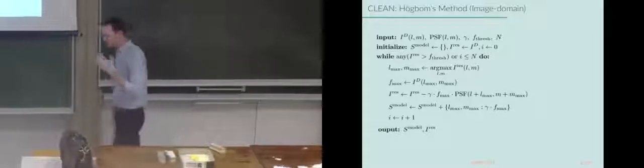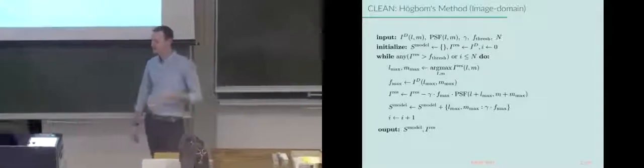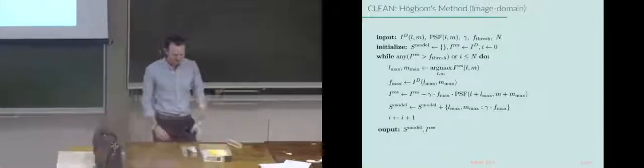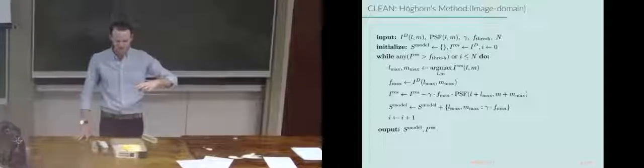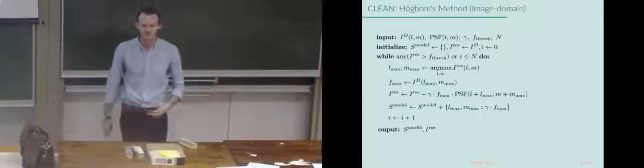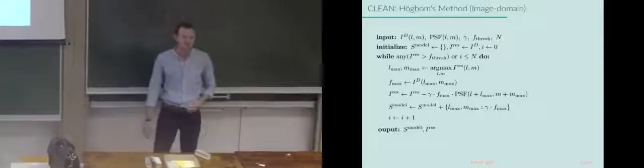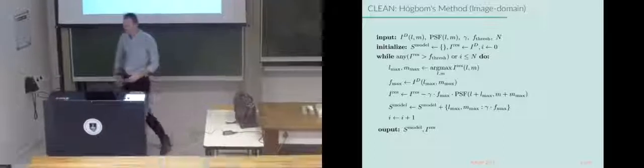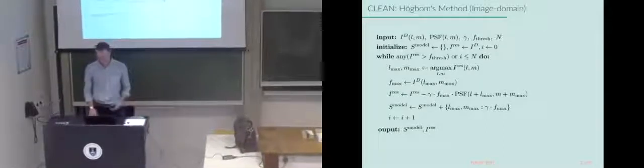So if you try to do a deep clean, people tend to set the number of iterations, because if you say some very low noise floor, it could be 1 million iterations or something like that, and it's just too long to run on your computer, and it's just not what you want. So it's better to say, just do 10,000.